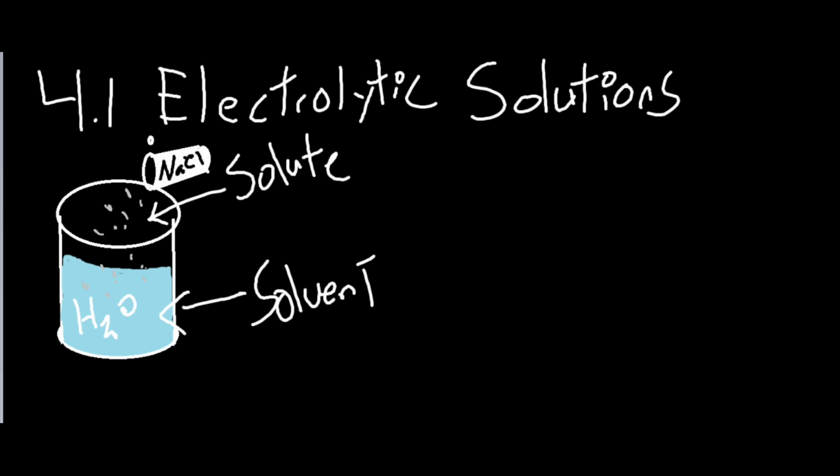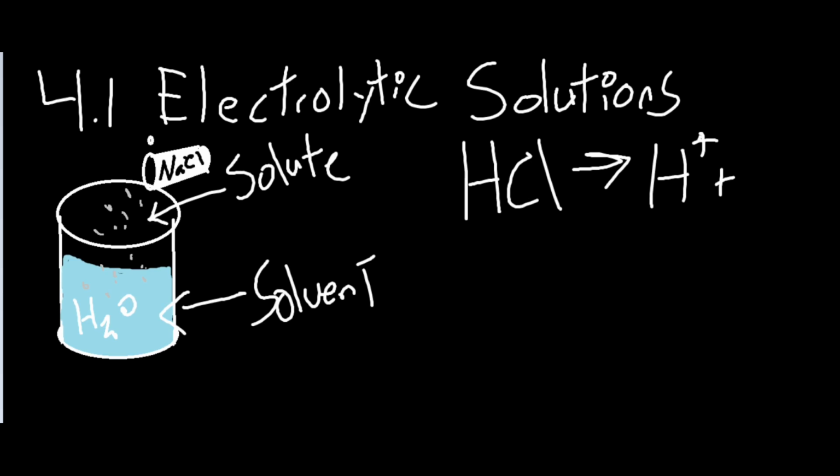Another example of an electrolytic solution is when you have an acid, like HCl, a strong acid. Now this will deprotonate into H plus and Cl minus ions. That is also considered electrolytic, if not dangerous.